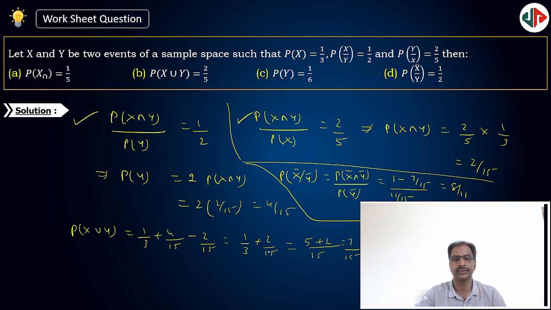So 1 by 3 plus 2 by 15, LCM is 15, 5 plus 2, 7 by 15. So P of X bar intersection Y bar means X union Y whole bar. So 1 minus 7 by 15 over 1 minus 4 by 15. So 8 over 1 minus 4 by 15 means 11 by 15. 8 by 11 is the answer.